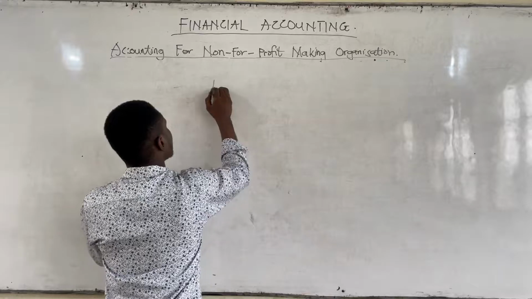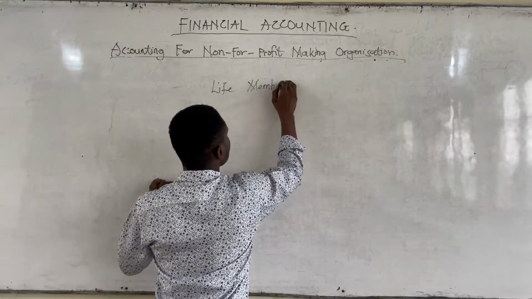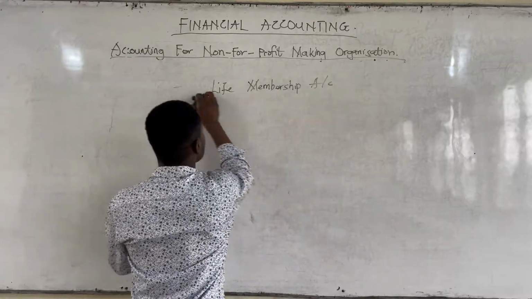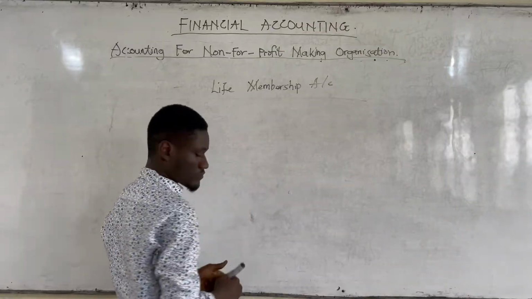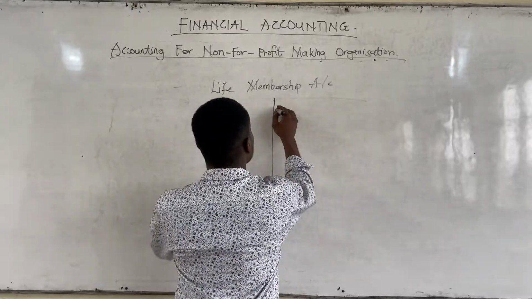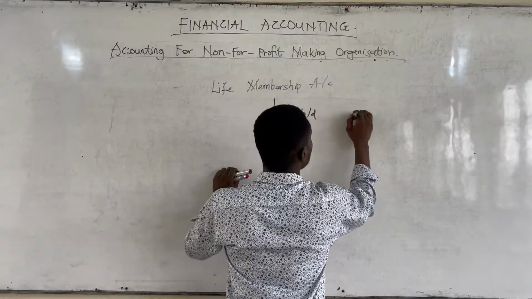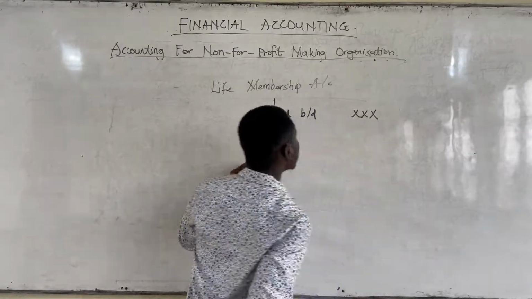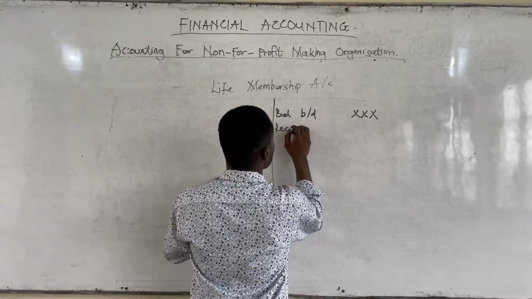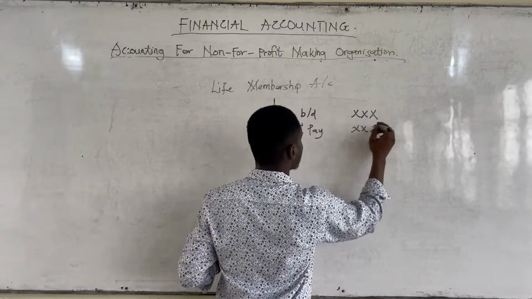Okay, so life membership account. So with this account, we have to know that our balance BD will be here. Any item in the receipts and payments pertaining to life membership will be here.